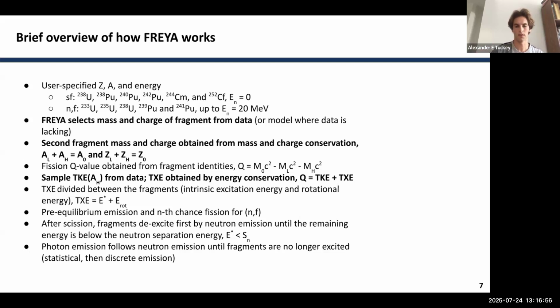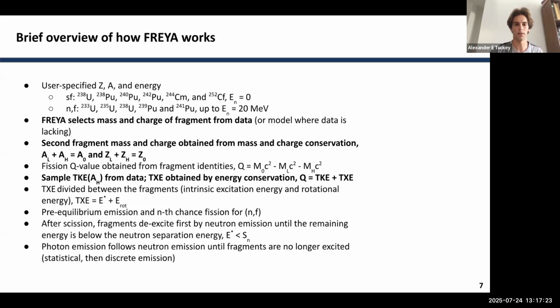So we're first de-exciting by neutron emission until the excitation energy of the fragments is below the neutron separation energy. And following that, we have photon emission, which first is statistical and then moves to discrete transitions. And this photon emission occurs until the fragments are no longer excited.